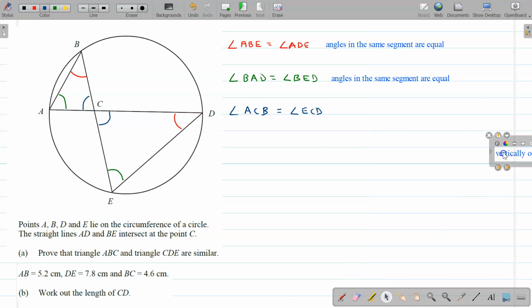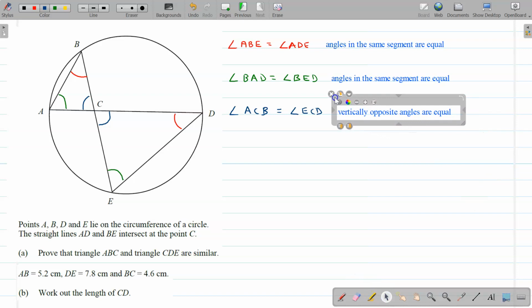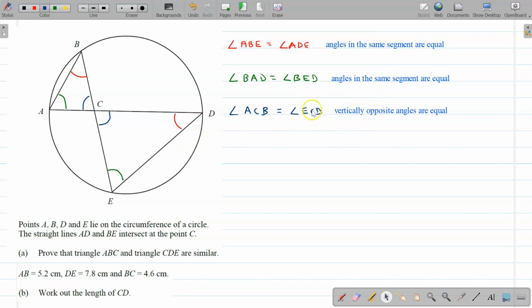So there's three angles with reasons that we've compared. Now, using that information, we can conclude that the triangles are similar, and an abbreviation that we are allowed to use is AAA, angle, angle, angle, because effectively we've shown that they all share the same three angles.